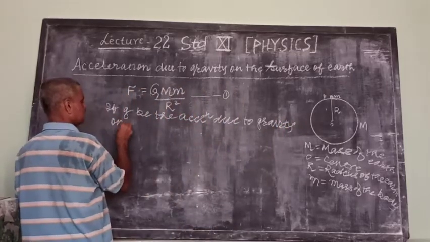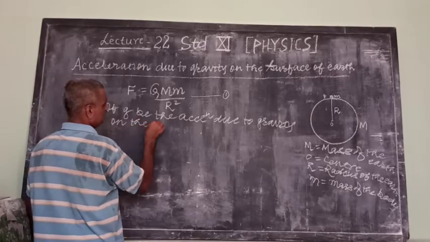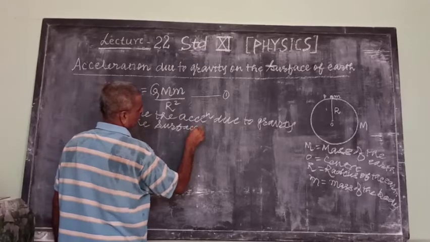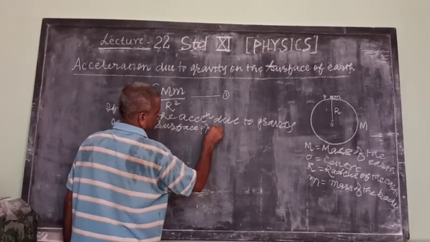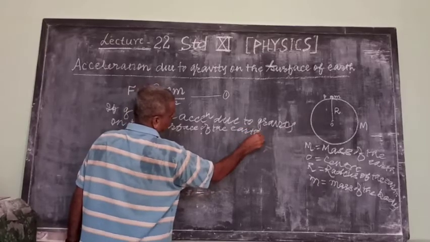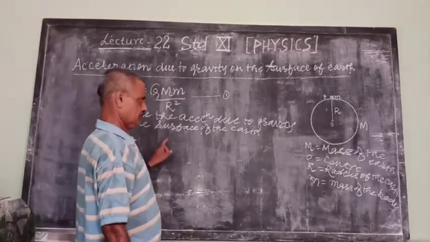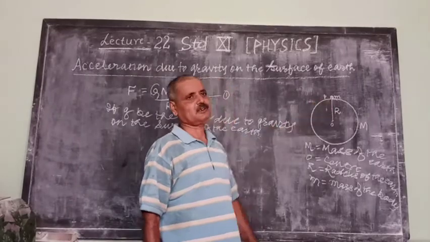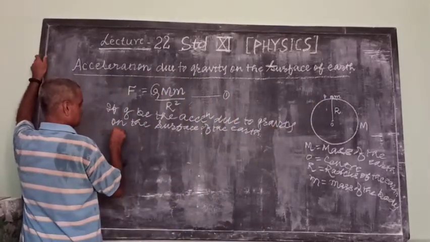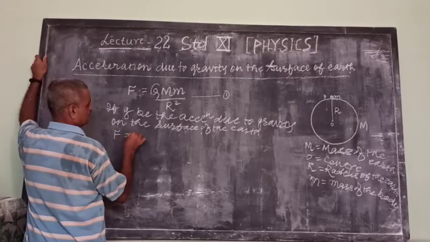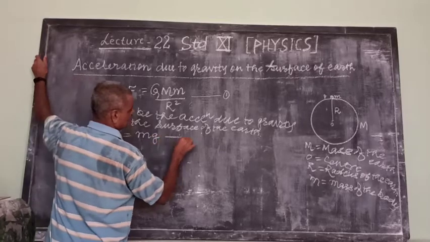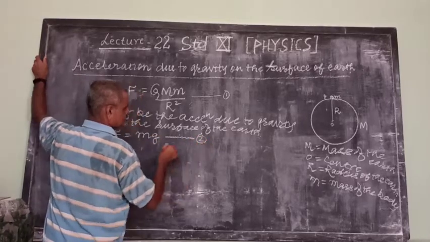The force of attraction must be equal to the weight of the body, that is equal to m into g. This is the second equation.